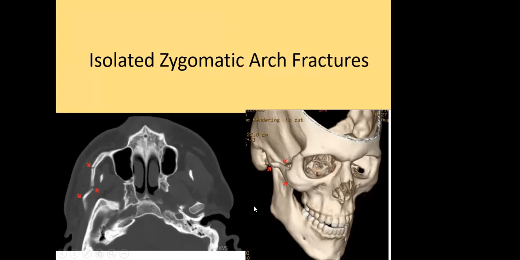Do fractures of the zygoma happen on their own? Yes, many times. When guys are fighting, they like punching people around these areas because they want to teach them a proper lesson. So these kinds of fractures happen there.